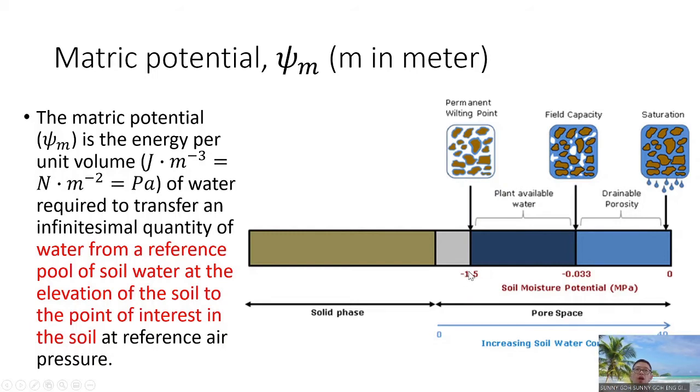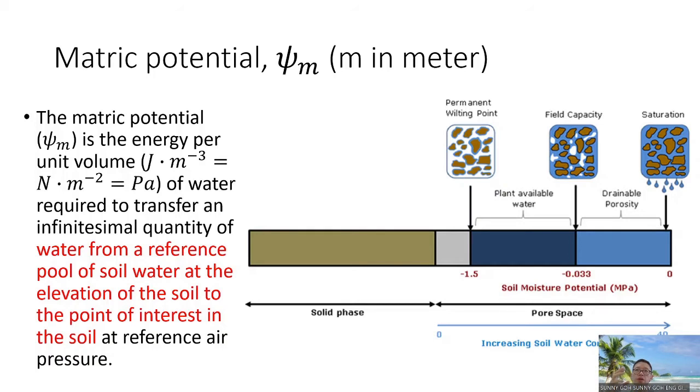So here is 1.5 megapascal. You can see that it's negative, so the suction becomes so strong that it pulls the water very strongly, up to a stage where the roots of the plant try to compete with the soil.